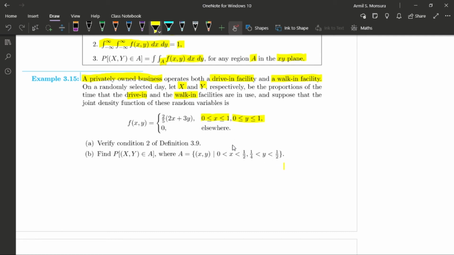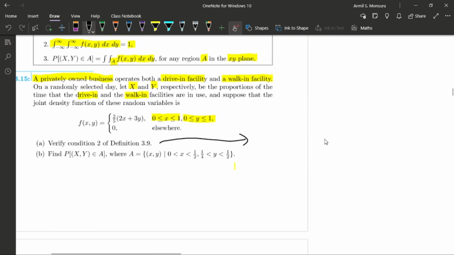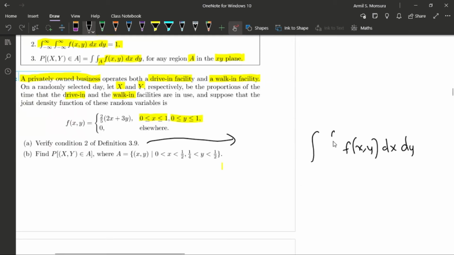So for the first problem, we simply have to integrate f of xy first for x and then for y, using the limits, since your x and y are not infinitely bound.